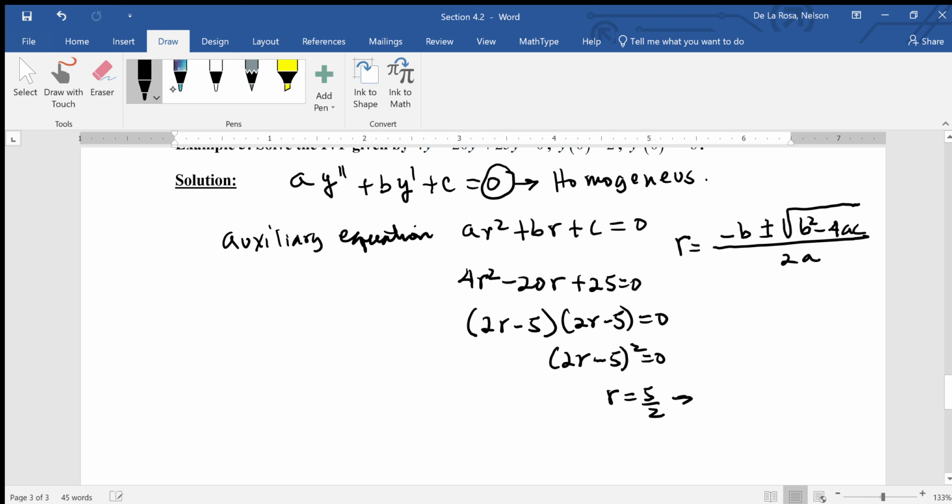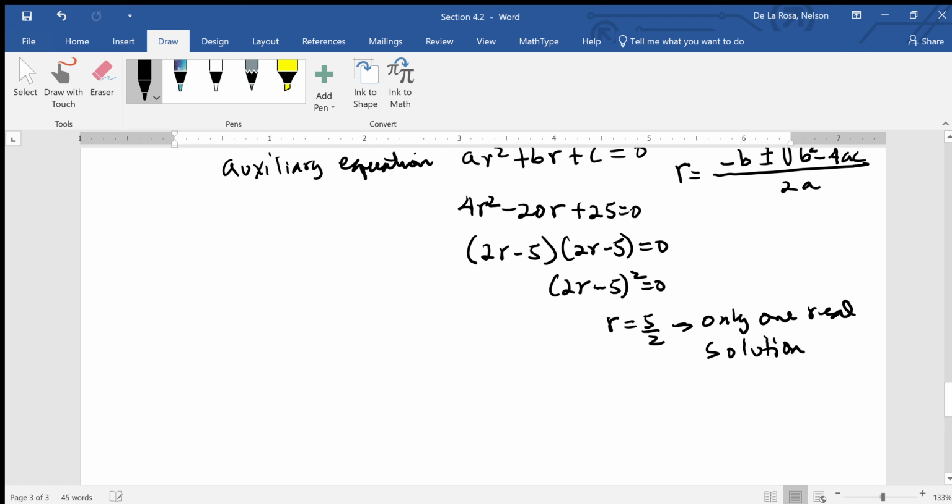We have only one real solution. When you obtain only one real solution, the solution is going to have this form: y equals c1 e to the r x plus c2 times x e to the r x, because the r's are the same.